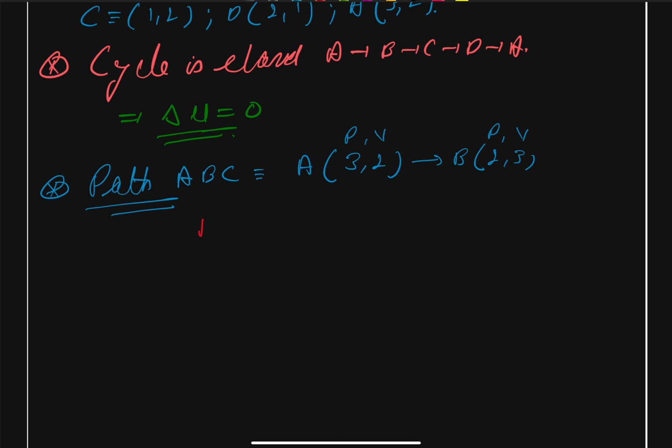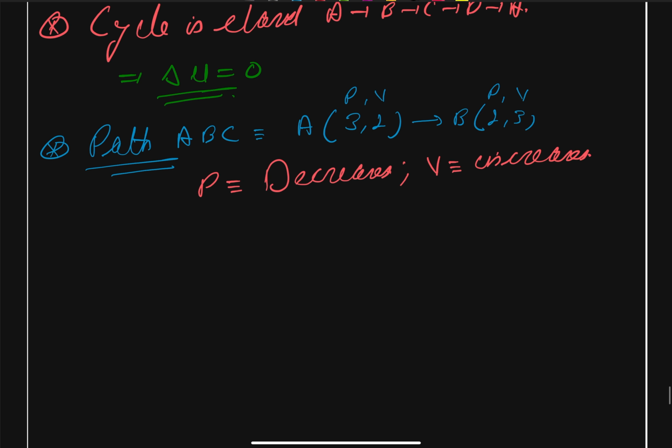Now from B to C, B is 2, 3 and C is 1, 2.